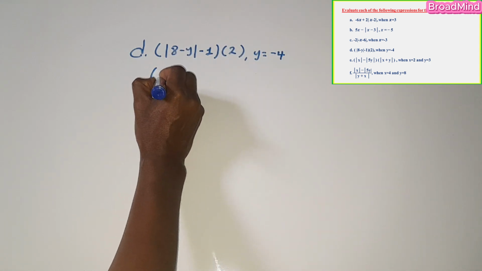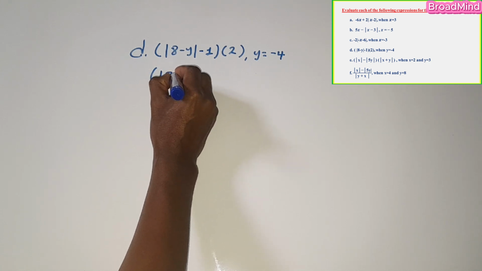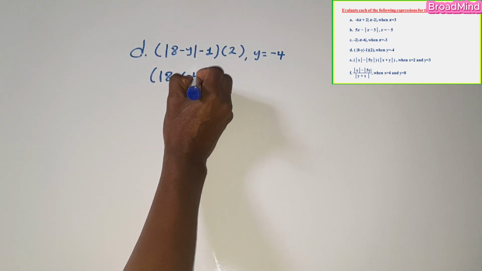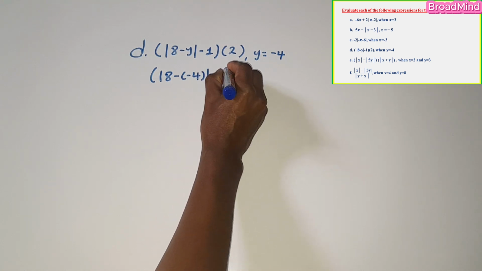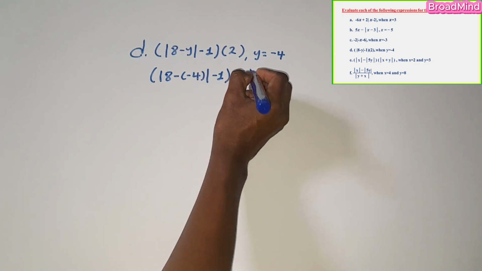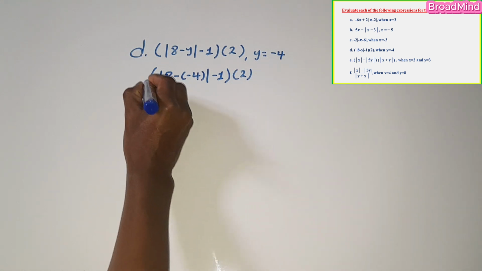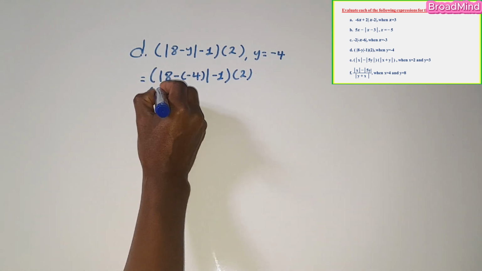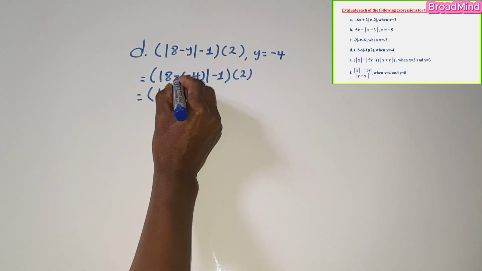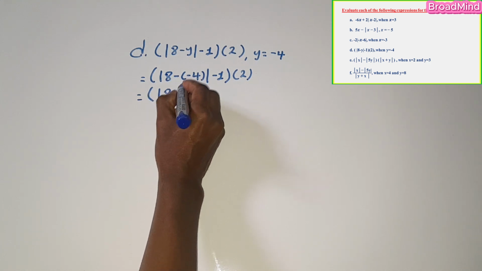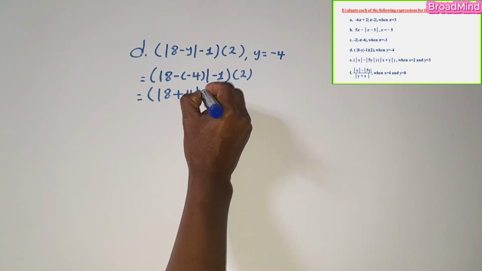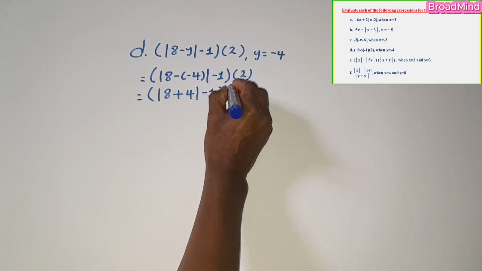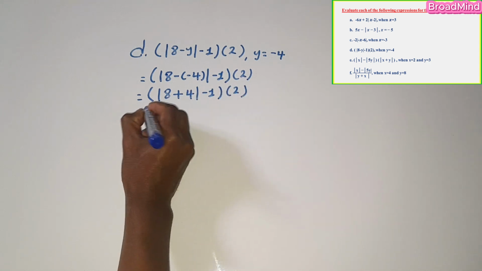In the bracket, absolute value of 8 minus, into minus 4, minus 1, close the bracket 2. Absolute value of 8, negative multiplied by negative gives us positive 4. Absolute value, minus 1, 2.